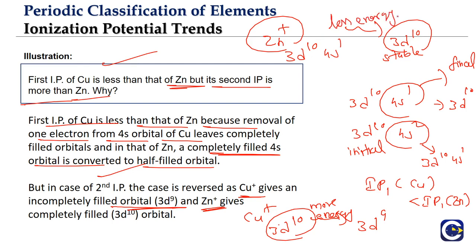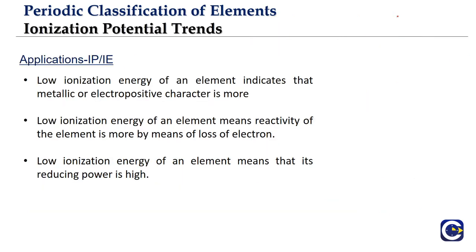Still we require energy, every place we require energy, but comparatively less. Which means in case of copper, the IP1 value will be less than IP1 of zinc, but IP2 of copper is more than IP2 of zinc. So that is the reason for it.